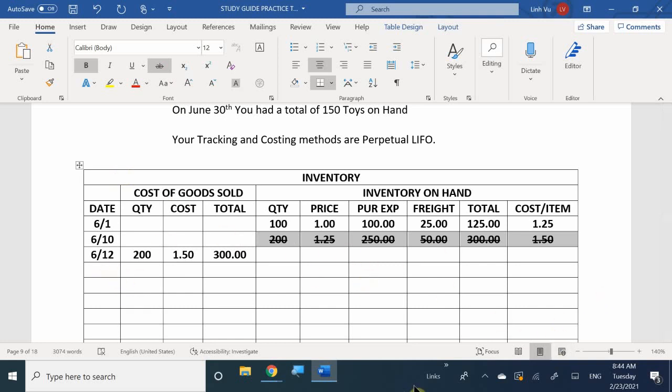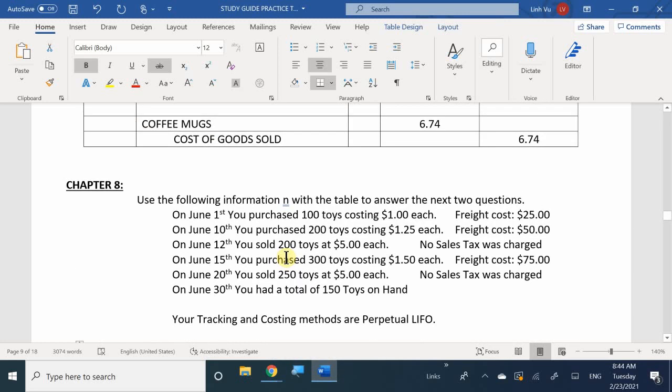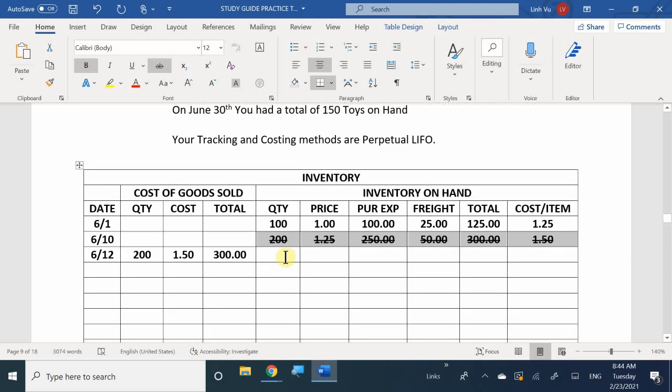All right, next, what happened next? On June 15, we purchased another 300 units at $1.50, and the freight cost me $75.